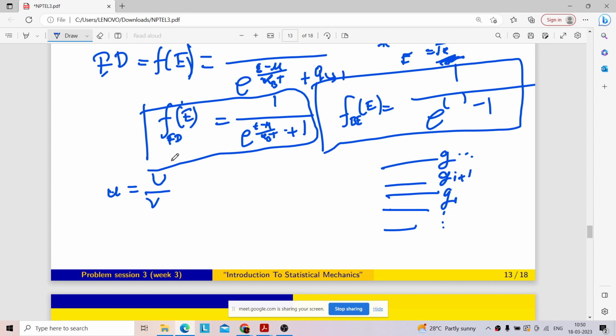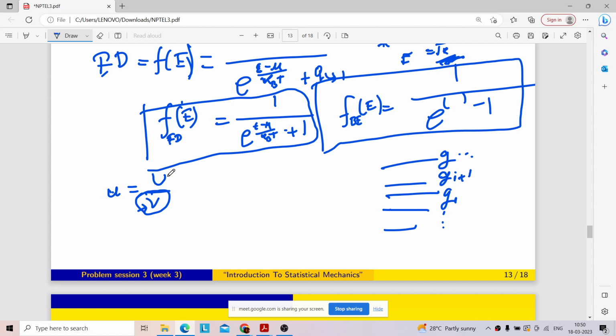We see there is a 1 by V factor here. That means per volume.